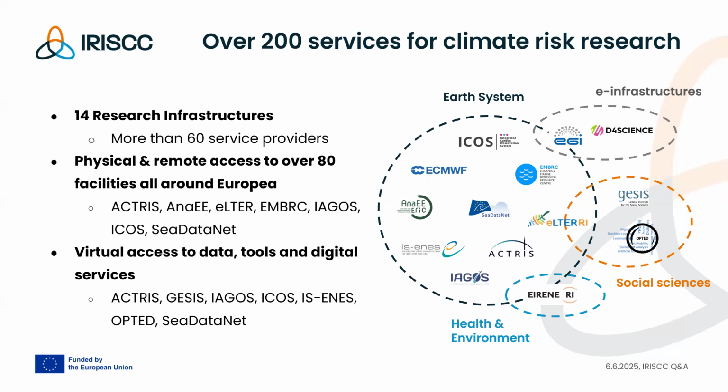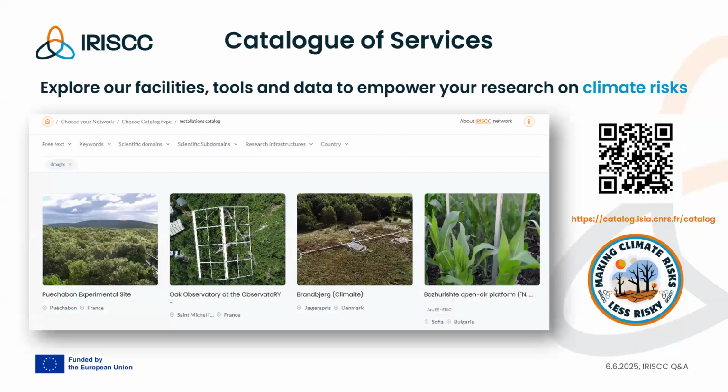But you will hear more about those in the upcoming slides. This is a short introduction of IRISCC, and where you can find these services is our service catalog. There you can explore what we offer, and hopefully you have visited our catalog already.